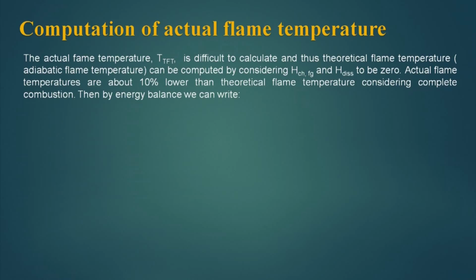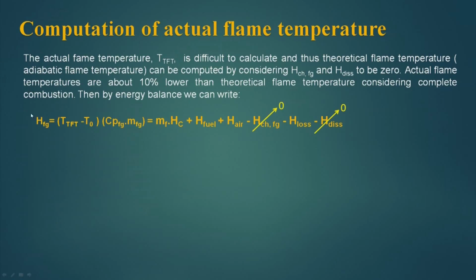Then by energy balance we can write down HFG, the enthalpy of the flue gas, equal to (TTFT minus T0) into CPFG into MFG, which is equal to MF HC plus H fuel plus H air minus H_CHFG minus heat loss minus H dissociation.